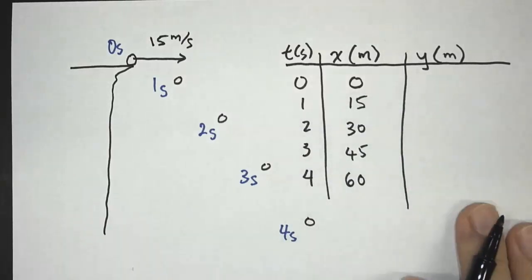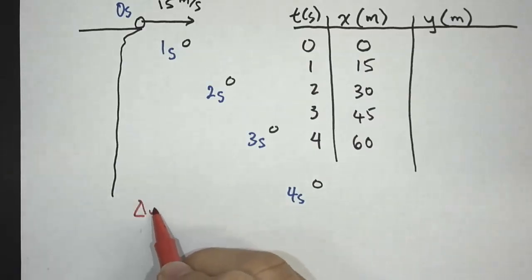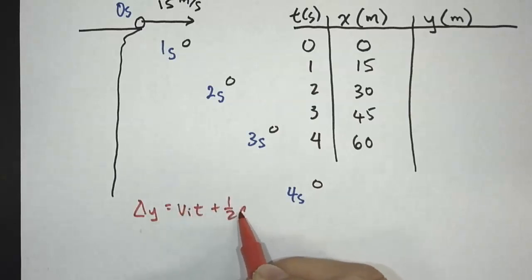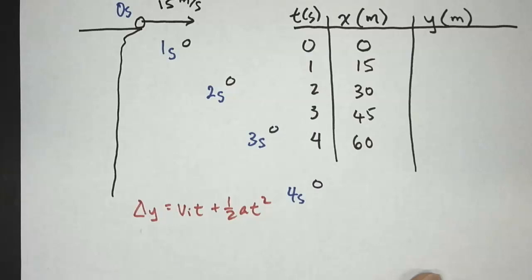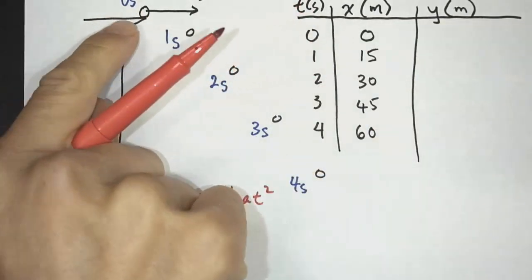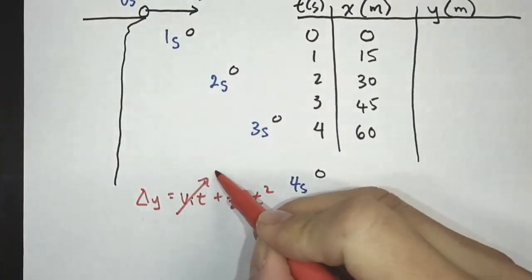And now vertically, we're going to have to do a little calculation. Vertically, it is not moving at constant velocity; it is accelerating. So we have an equation, which is delta y equals v_i t plus 1/2 a t squared. This is one of the kinematic equations. Initially, it's not moving up or down, it's just moving horizontally, so the initial vertical velocity is 0.